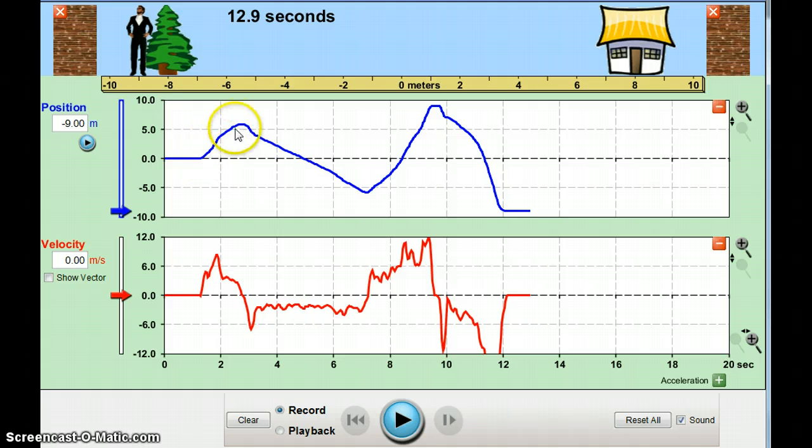You can see we're pretty linear through here, meaning on a position time graph that I'm going at a constant velocity or pretty darn close for that time. And we do have a little spike down here.